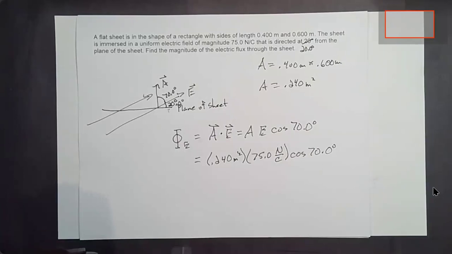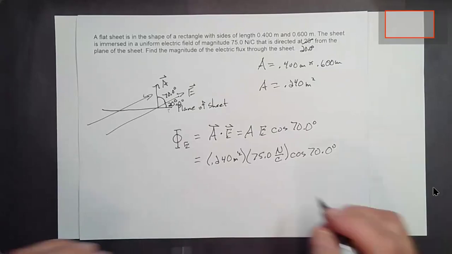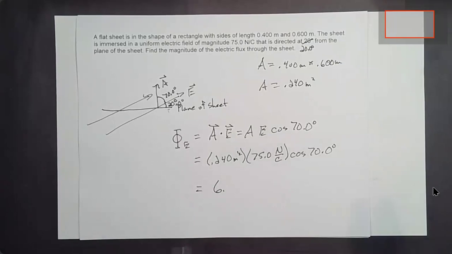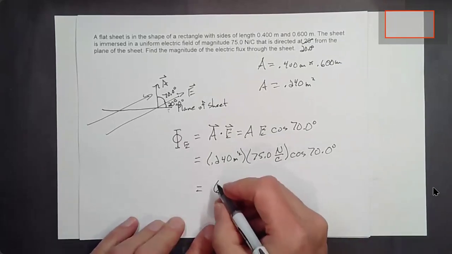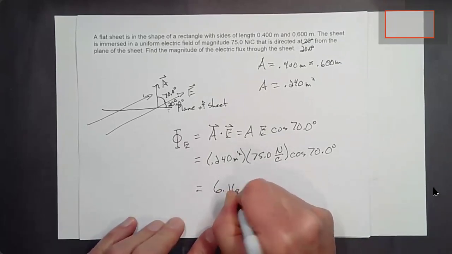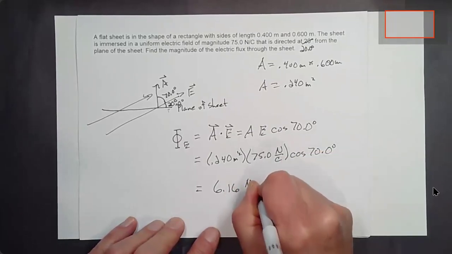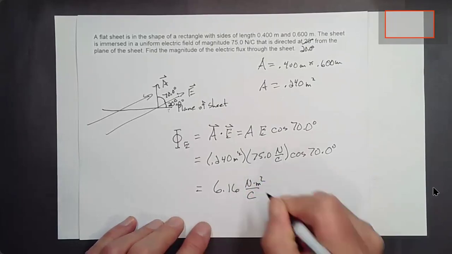But 4 times 75 times. Okay, and I get something that I have absolutely no intuitive feel for, but it would be 6.16 newton meters squared per coulomb.